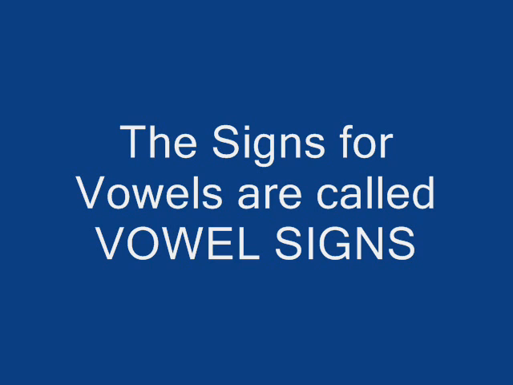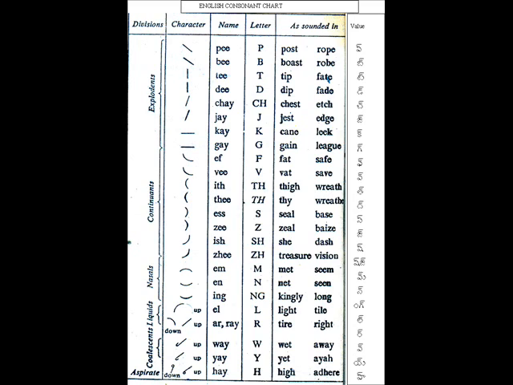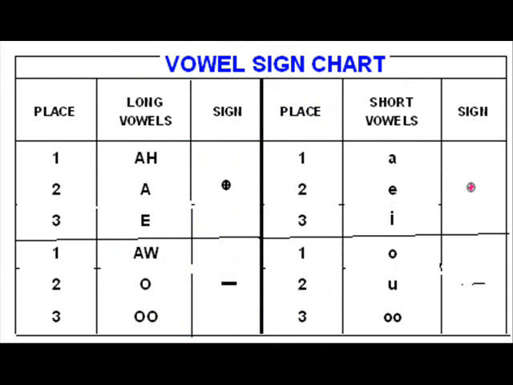The signs for vowels are called vowel signs. In the system of writing, a heavy sound is represented by a thick stroke or sign, and similarly, a light sound is represented by a thin stroke or a thin sign. Just as you write the consonant strokes at a stretch, the vowel signs are also written at a stretch.